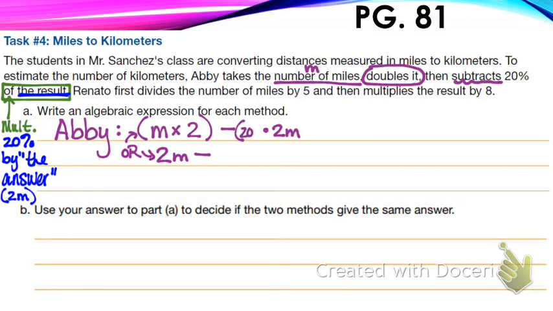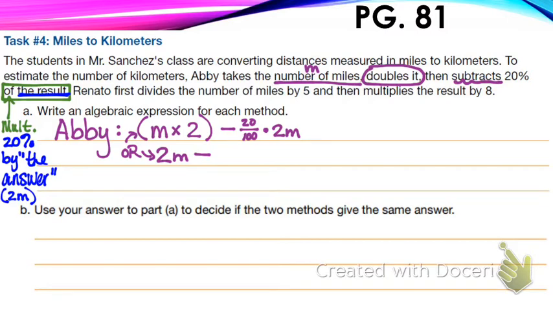I can't put this into most calculators, right? So how would I put that in? How would I do a percent on a calculator? Do we divide? Divide by what? 100? Yeah. So I'd have 20 divided by 100, because that's 20%, multiplied by the result. What I had done just before then is 2 times the number of miles.